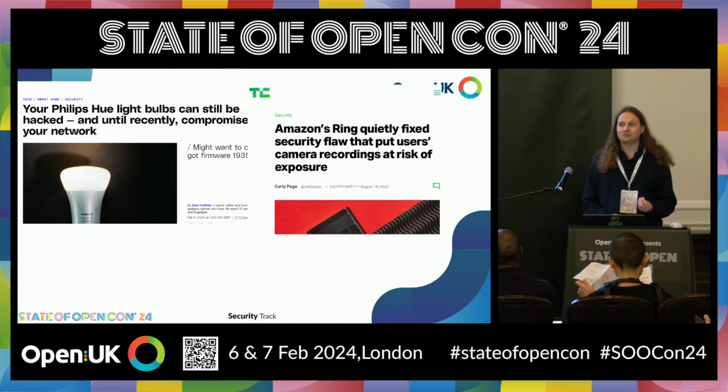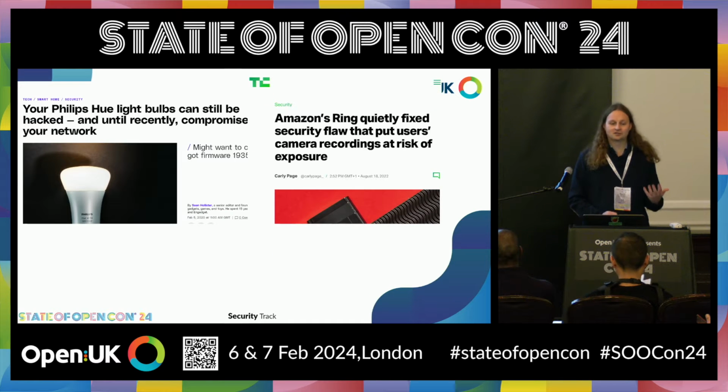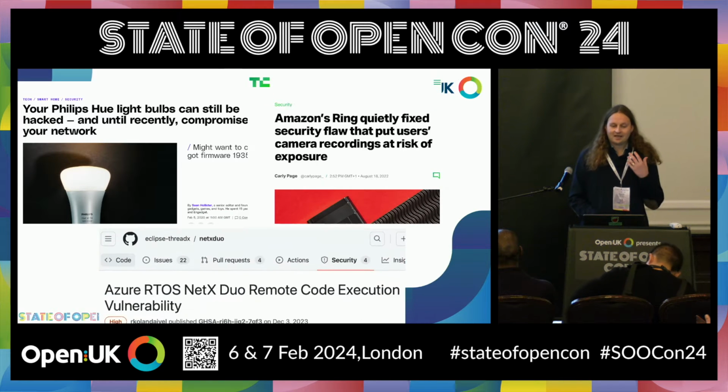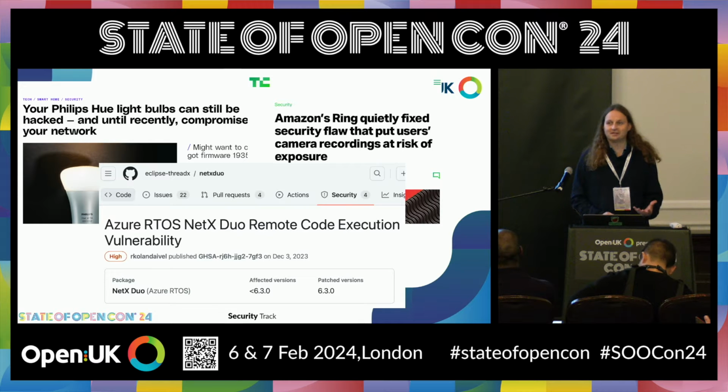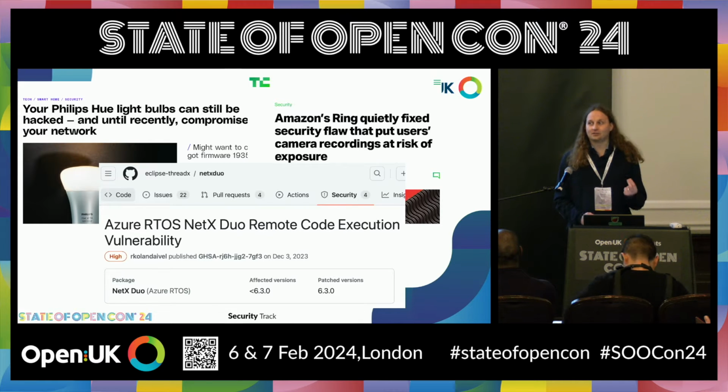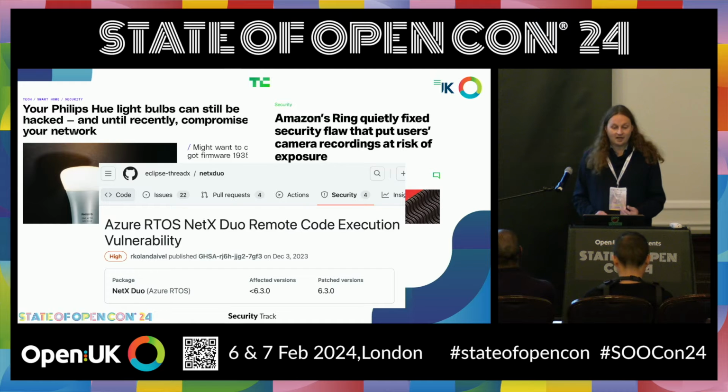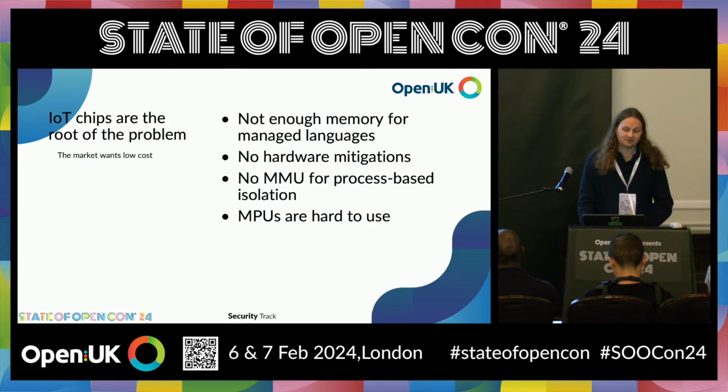It happens to devices that come from the world's largest cloud provider. It happens in real-time operating systems shipped on 1 billion devices backed by the world's largest software vendor. And this last one is a remote code execution vulnerability in the network stack that allows total compromise of any device shipped on that system.